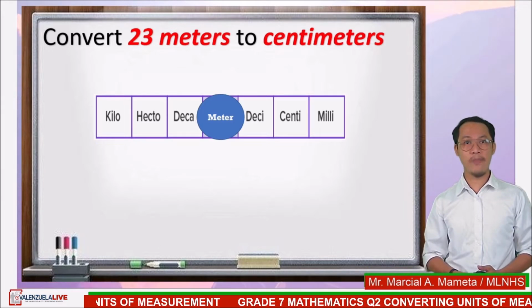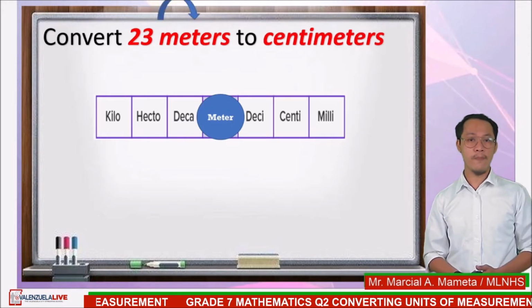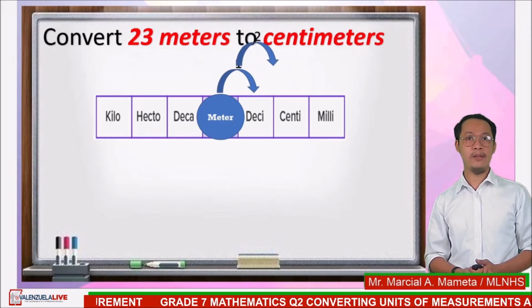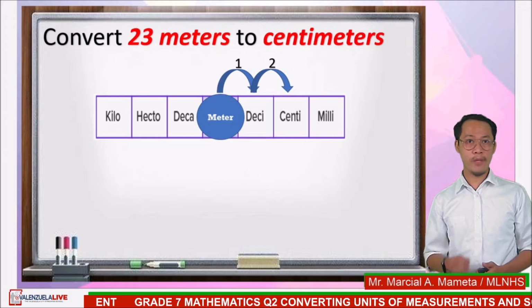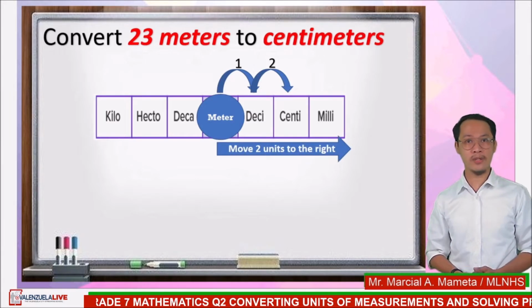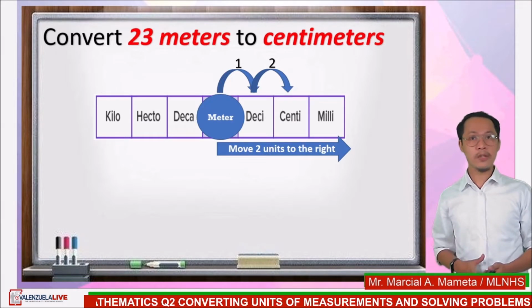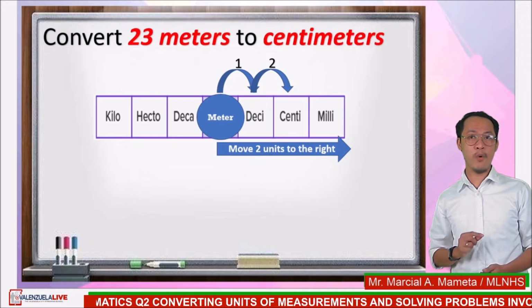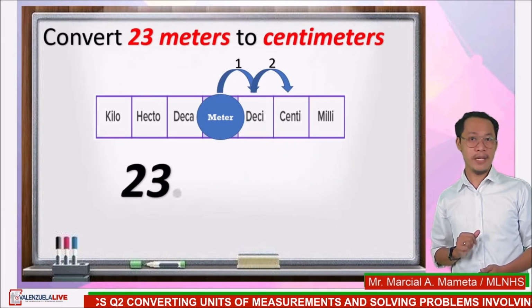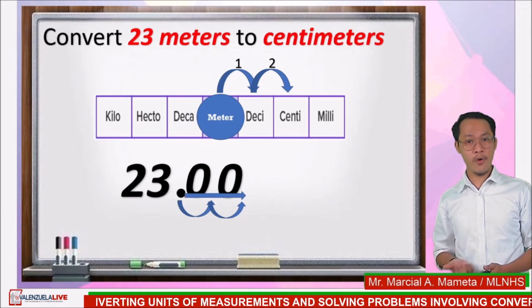Let us count how many units away meter is from centimeter. 1 and 2. So from meter to centimeters, we have to move 2 units going to the right, which means to convert 23 meters to centimeters, we need to move the decimal point 2 decimal places going to the right. And there you go.